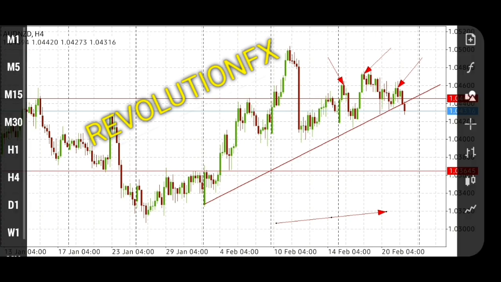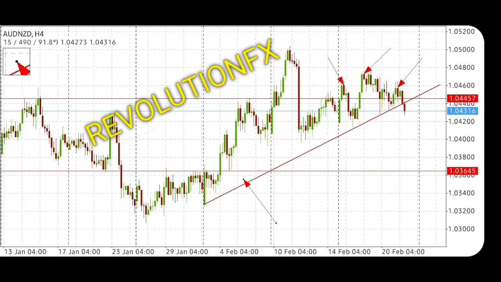Okay, so this level here, this market will come here. This is the level of resistance. This is the level of resistance on this line here.